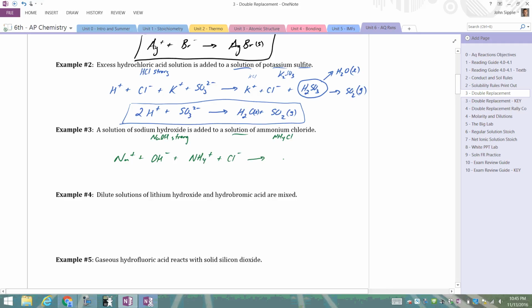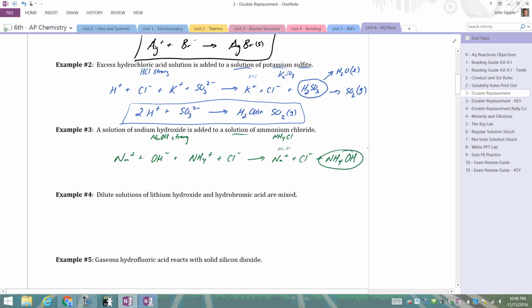So we flip-flop our products here. One of our products is NaCl, which we always know is soluble, so Na plus and Cl minus. Our other product here is ammonium hydroxide, NH4OH.